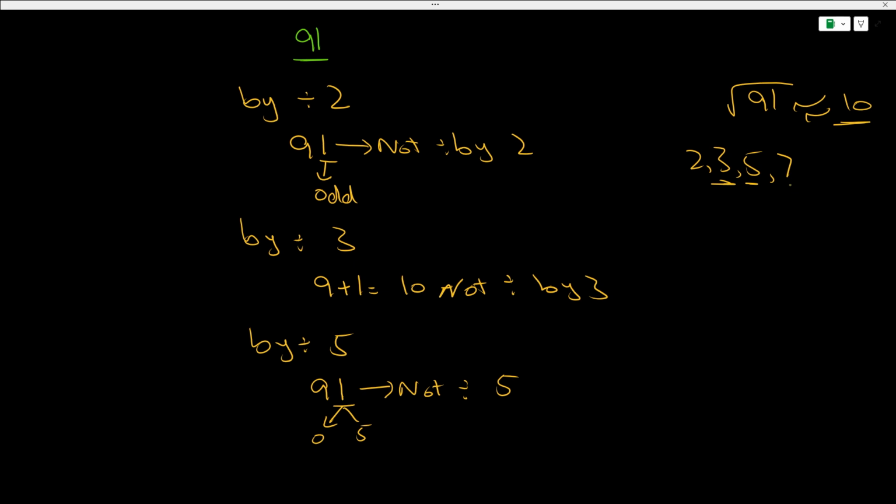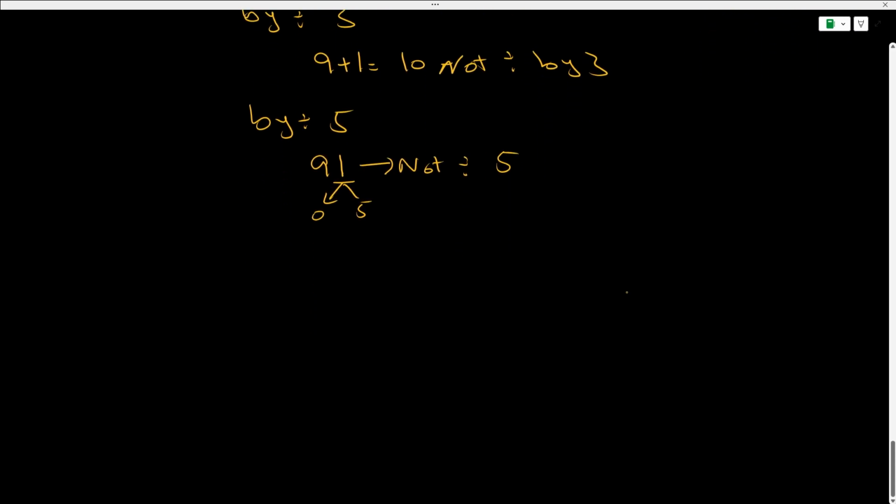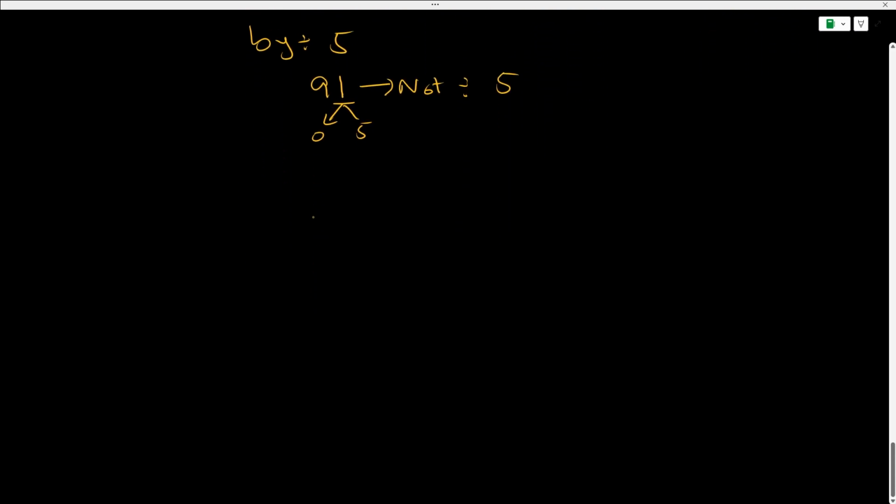The last check is by 7. So we will do long division. Let's say we will divide it by 7. 7 times 1 is 7, 2 remainder 1. 7 times 3 is 21.